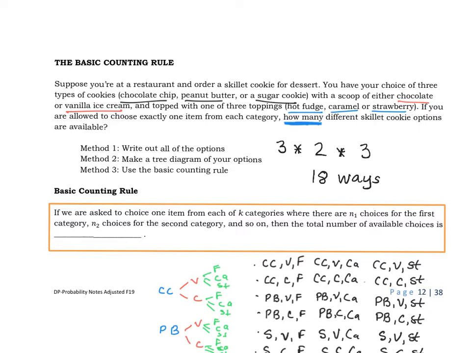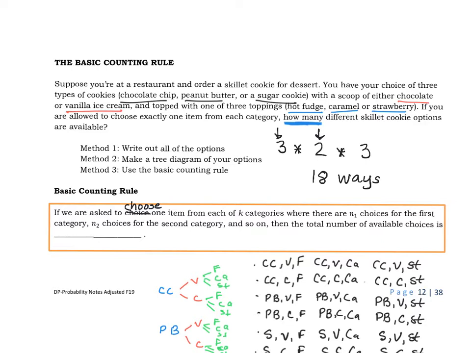If we are asked to choose one item from each of K categories, where there are n sub 1 choices for the first category, and that would be in our case 3, n sub 2 choices for the second category, and that would be 2 in this case, and so on.